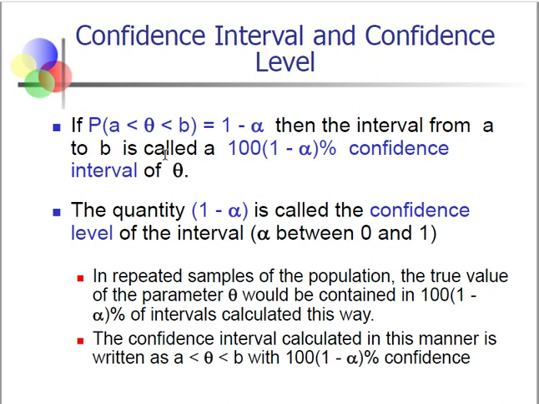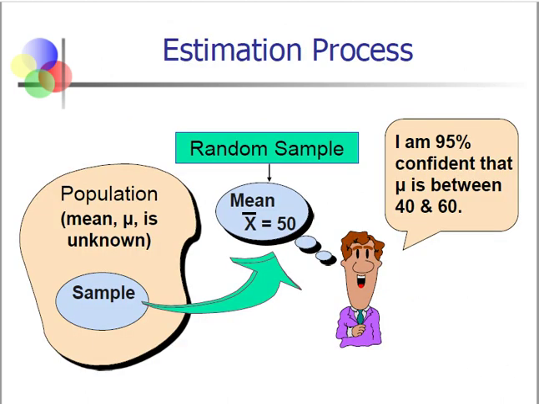So the confidence level is given by 100 multiplied by 1 minus alpha percent. Okay, so take note of our alpha here. So 1 minus alpha is the confidence level, and alpha is between 0 and 1.